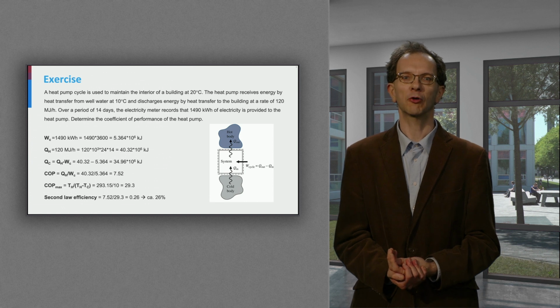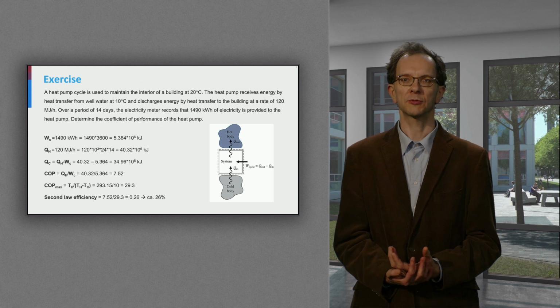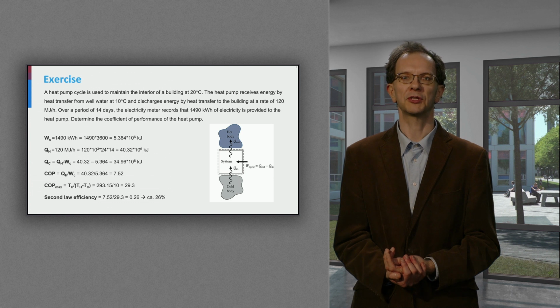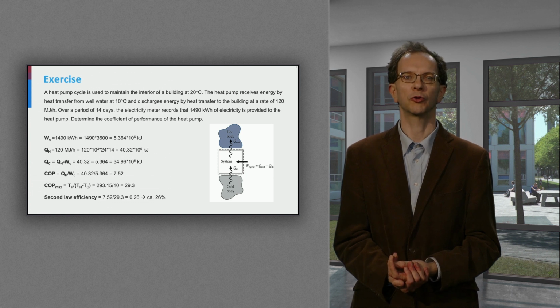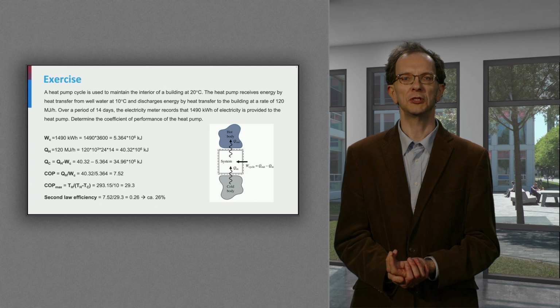Then we can calculate the COP. The COP is Q hot divided by the work of the compressor, and this is then 7.52. The maximum COP is the Carnot COP, and this follows directly from the temperatures of the hot and the cold bodies. COP max equals T hot divided by T hot minus T cold, and this equals 29.3.